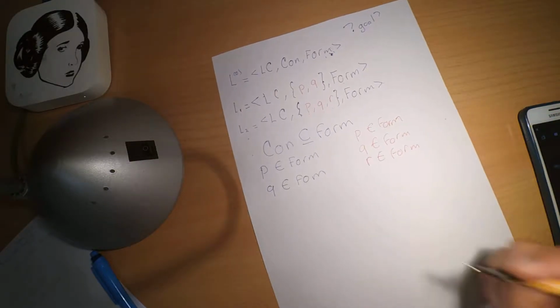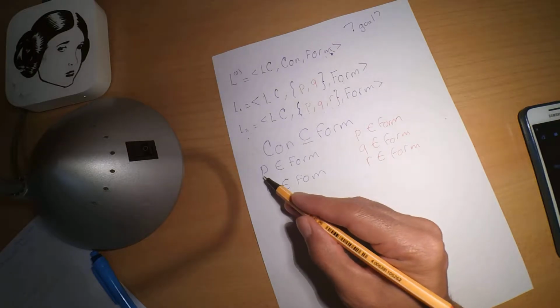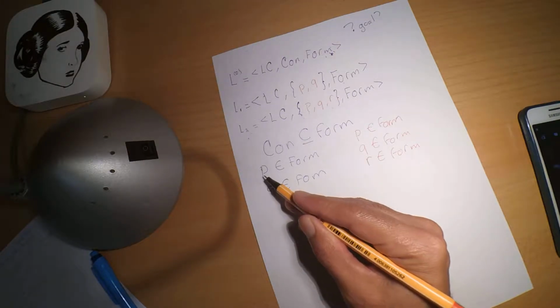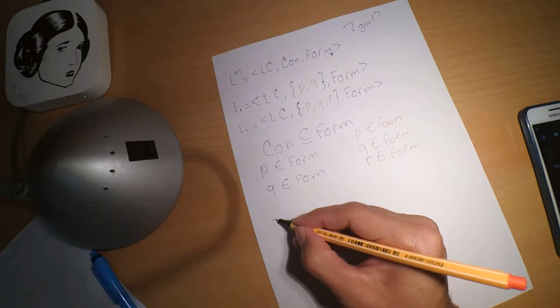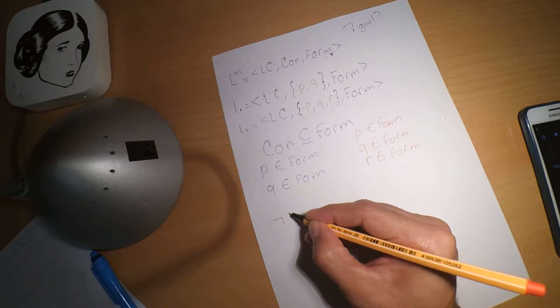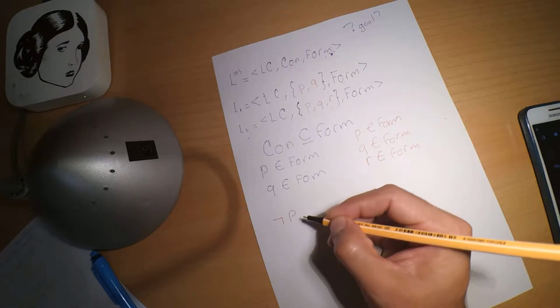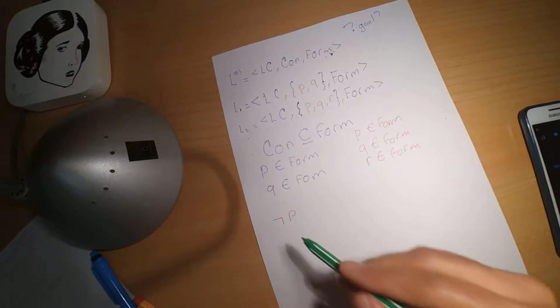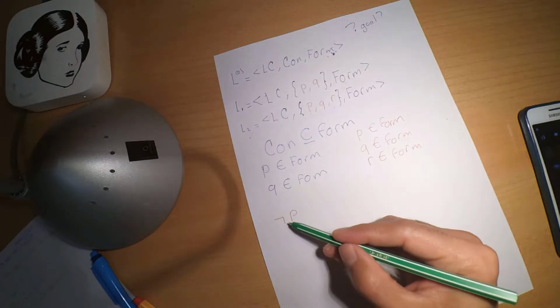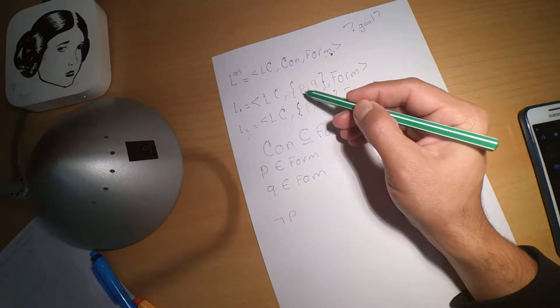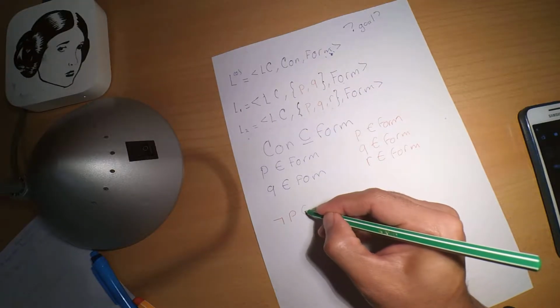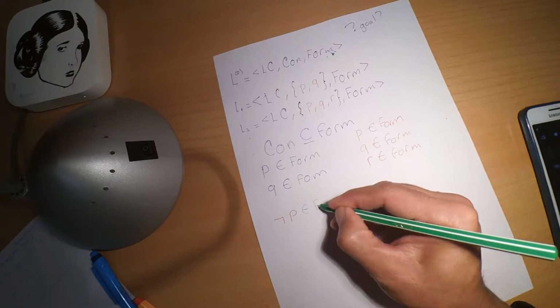When I say create, I mean if you have P here, you can negate this P. For example, negation P, where negation is a logical constant and P a non-logical constant, this can also be part of the form.